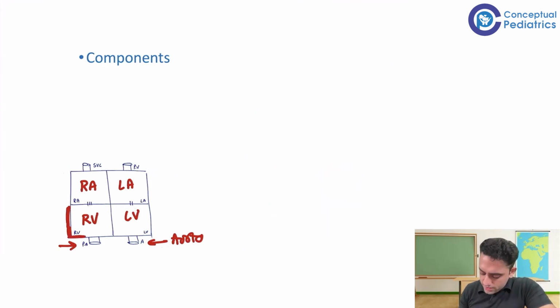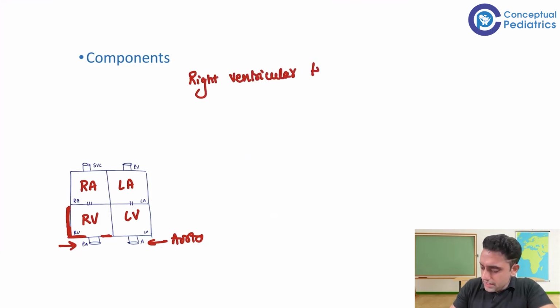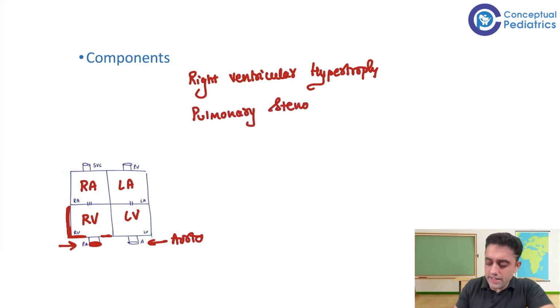Number one, the patient will have right ventricular hypertrophy. Then P for, very importantly, pulmonary stenosis. I'm telling you the simple things first, then the difficult ones.